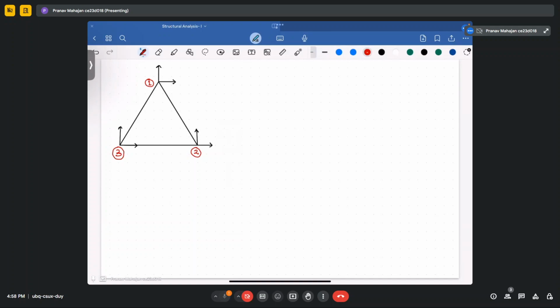The numbering of the nodes will also depend upon the end condition that is provided to you, because at the end when you are required to assemble the whole problem, it should not be so complicated for you.